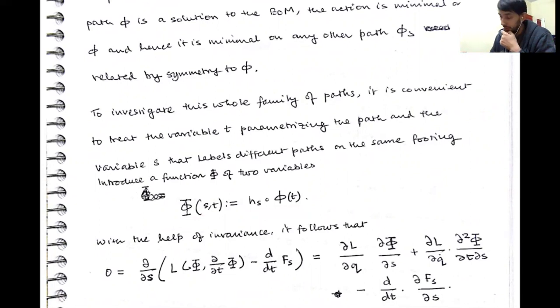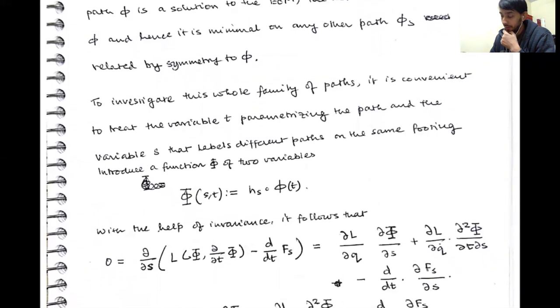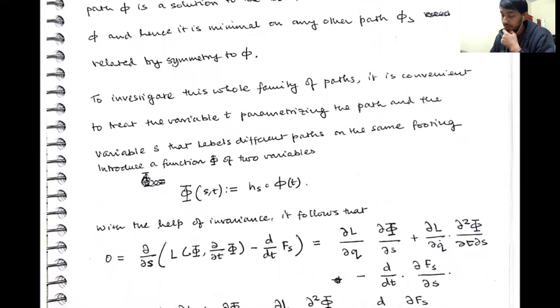Now let's look at what we have been saying. The value of the action is going to be independent of s. So del s of this is going to be equal to 0.